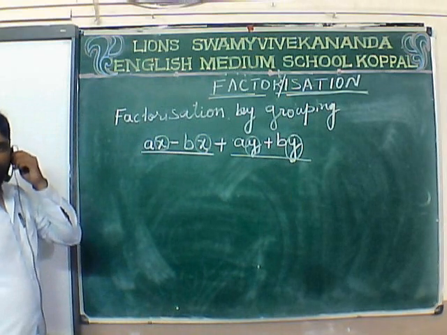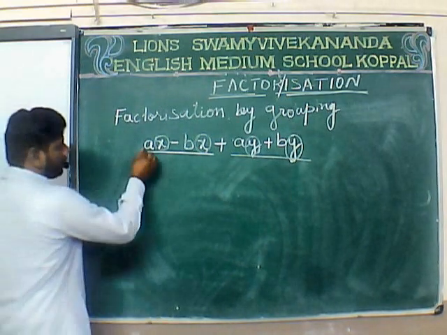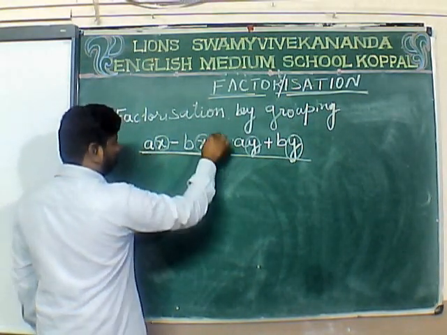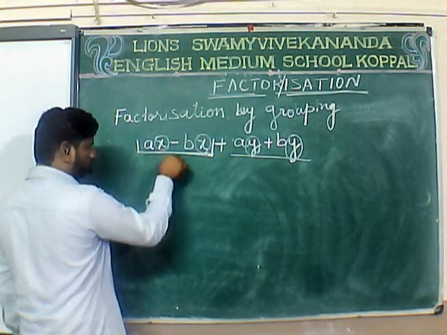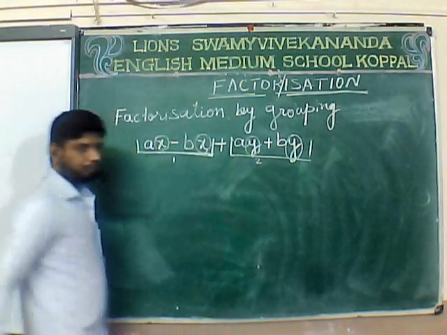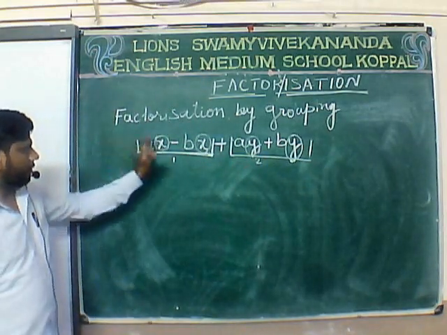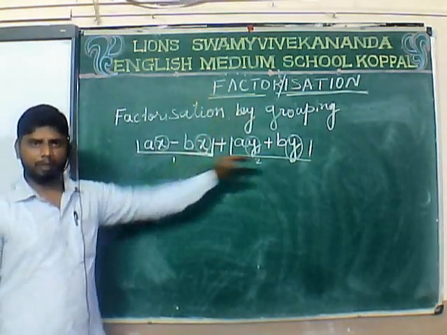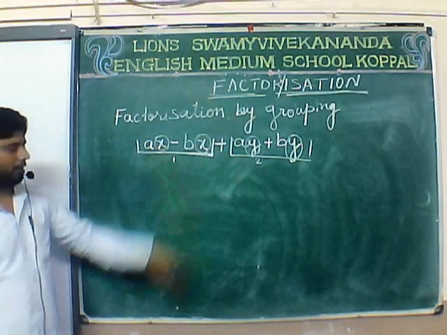So now what I do is I will group these two terms as one group and these two as another group. Because this is factorization by grouping, I am grouping it depending on the common factors.